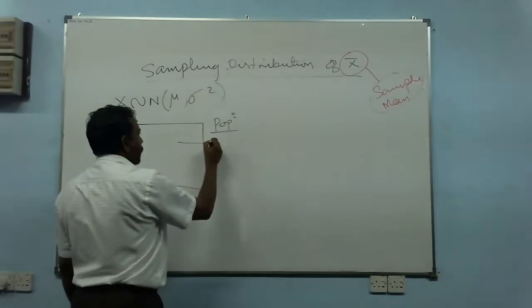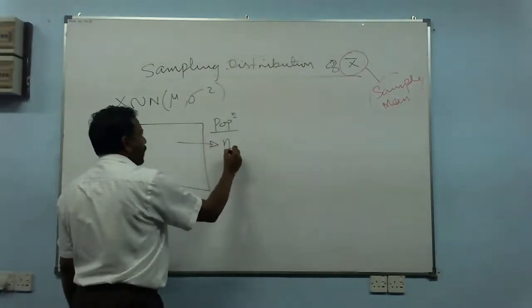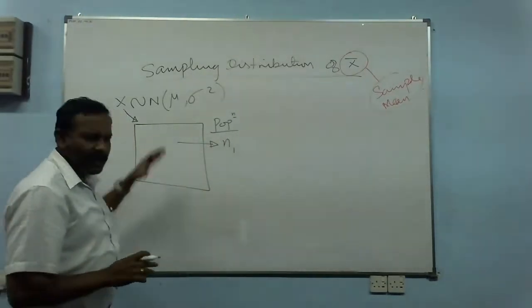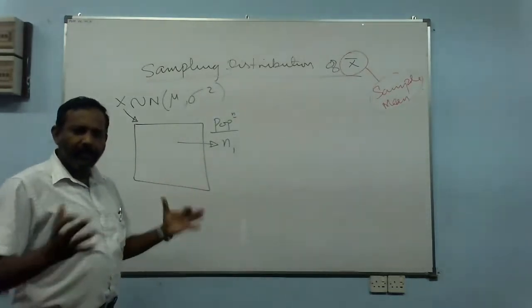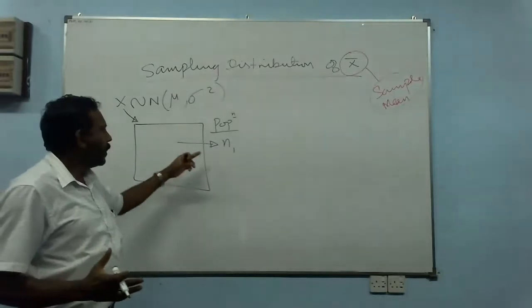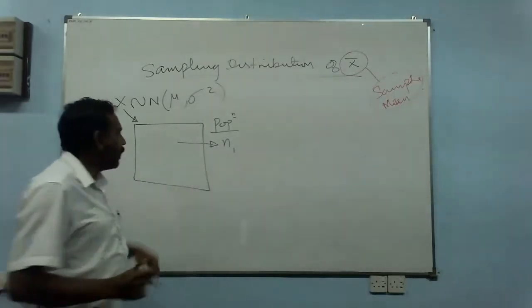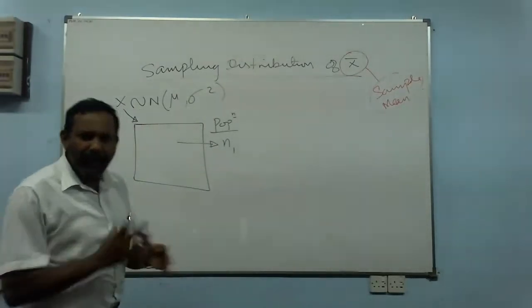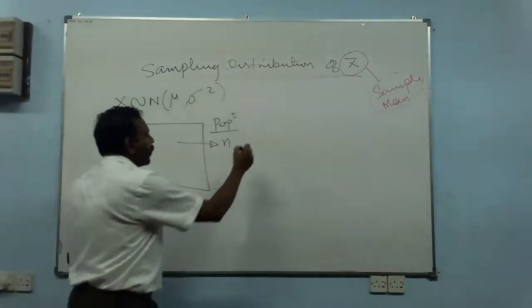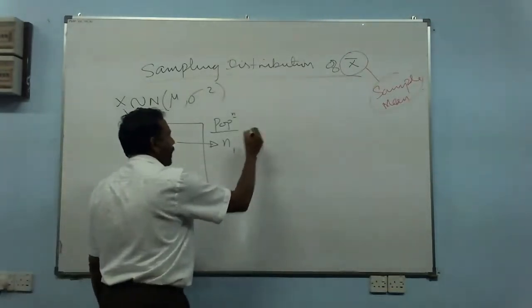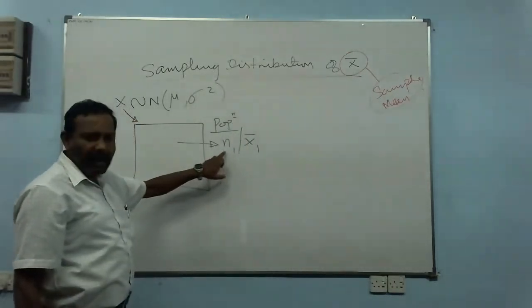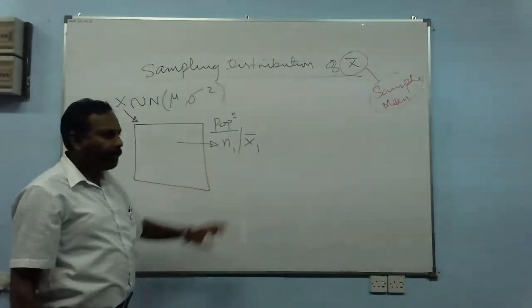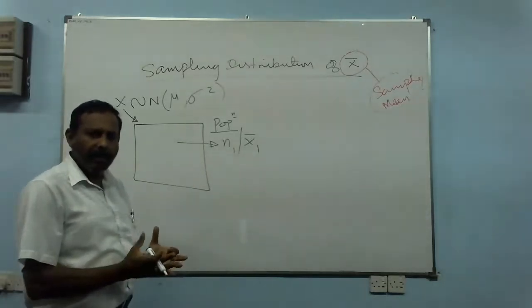First sample, let's say N1. First set of sample, maybe 10 or 15, doesn't matter. Let's say 50 samples, which I say is N1. From that sample, I can calculate the mean. So N1 and X1 bar. That is one set of sample.